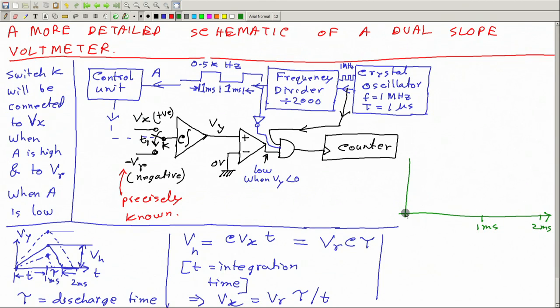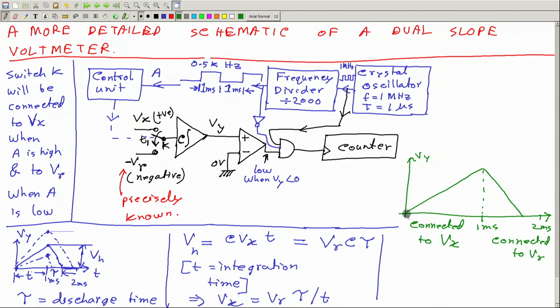In this 1 millisecond Vy increases, and here it is connected to Vx, the unknown source, and here we have connected to Vr, this reference voltage. This is the deintegration time.